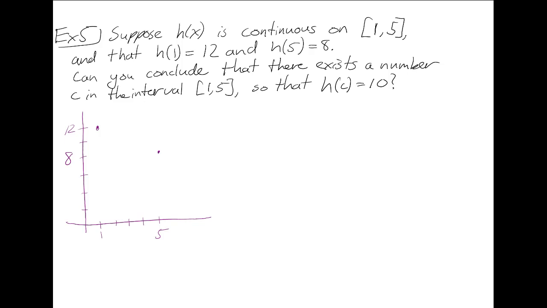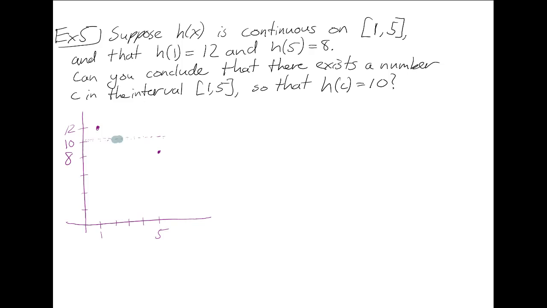So we have those points. And we want to see, is there a c somewhere in between x equals 1 and x equals 5 so that the y-coordinate in here is 10. So what that would mean is that there would be a point here where the y-coordinate is right here.